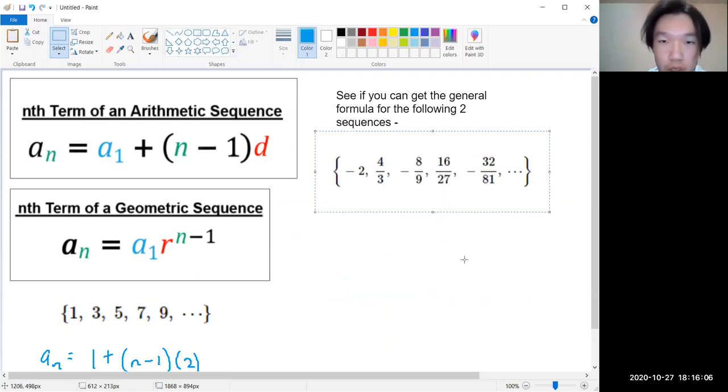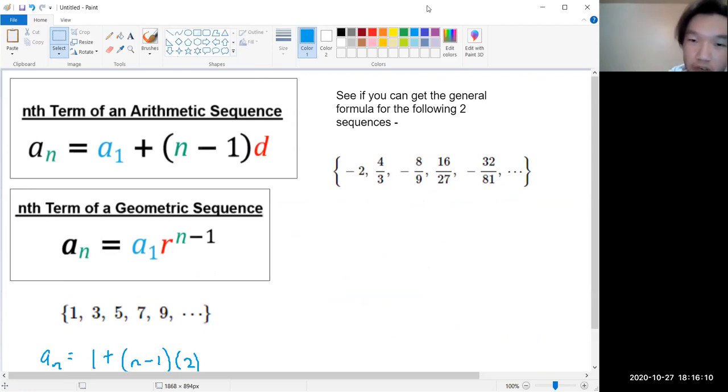Here, you guys probably can figure it out, but this is a geometric sequence. In the formula for a geometric sequence, we have this variable r, which is called the common ratio, which is the number you have to multiply by to get from one term to the next.